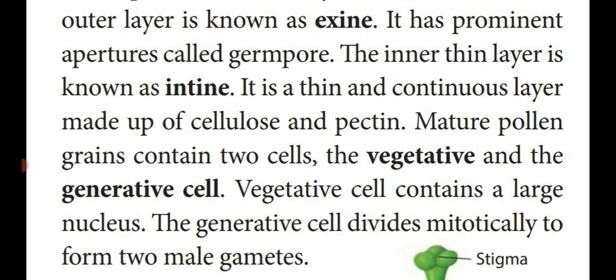But the generative cell has a single nucleus which undergoes mitotic cell division to form two male gametes. So that is the structure of a pollen grain, an important book inside question.